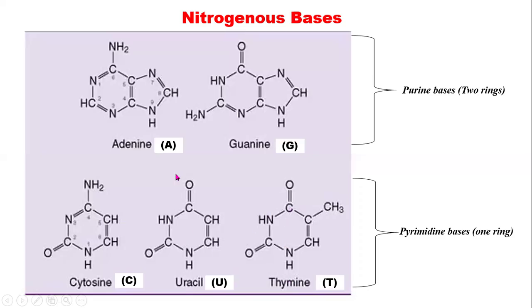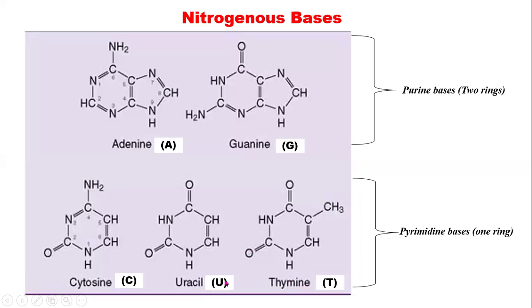Okay. Adenine, guanine, and cytosine are common to both DNA and RNA, while uracil is only found in RNA and thymine is only found in DNA.